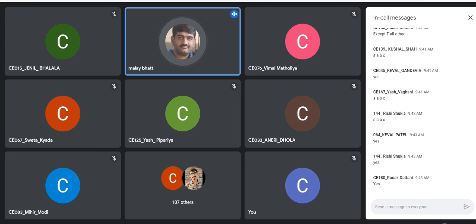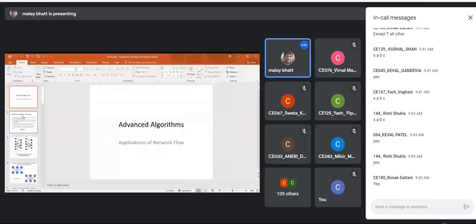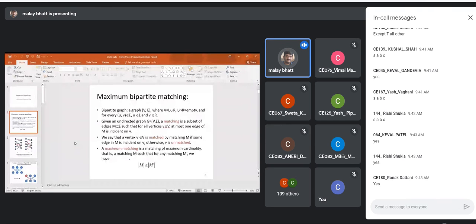So I think you are able to see the screen now. Let us see the first application. That is maximum bipartite matching. It is known as maximum bipartite matching. So let us define the term.